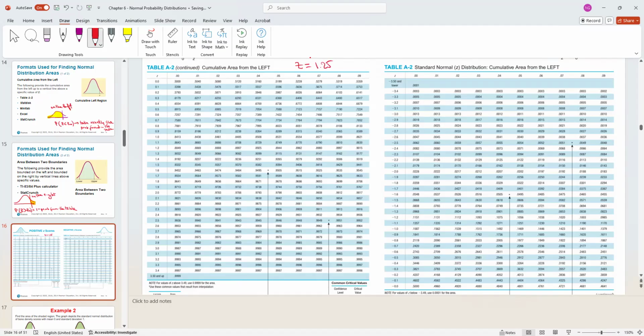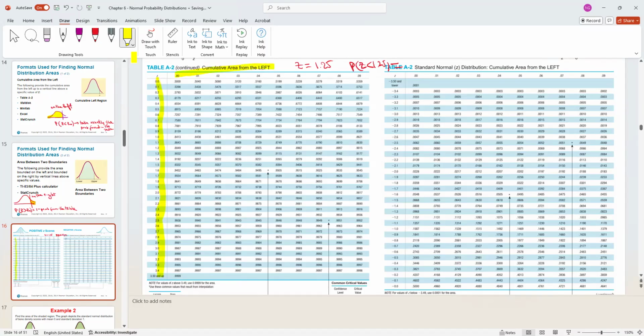What is the probability on the left? First of all, I need to identify, am I on the positive or on the negative? In these tables, you see the left side is Z positive. The first column is Z. This is the values for Z.